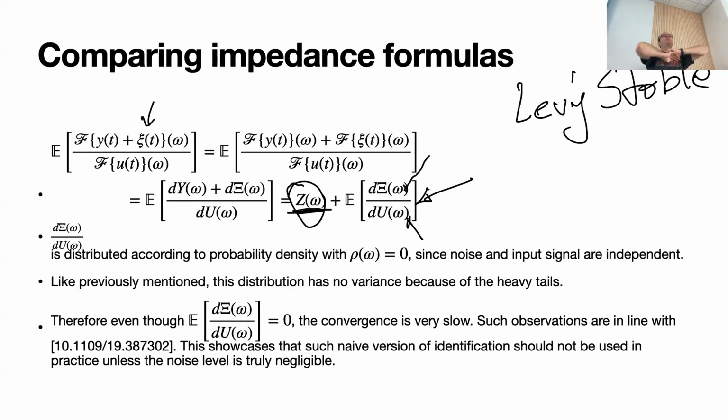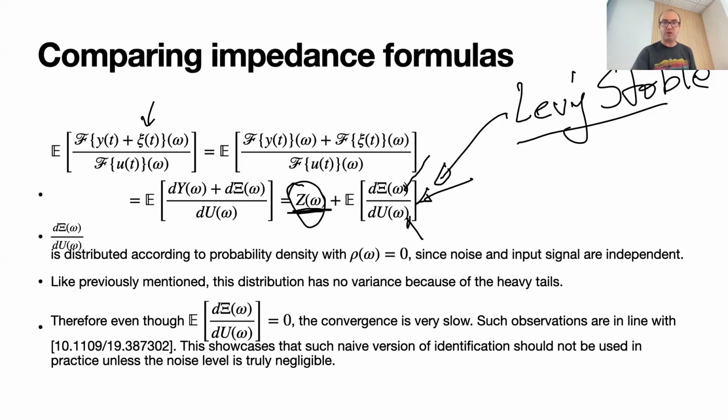So my impedance will be just a fuzzy mess. And it's not because you had the measurement issues, it's because of this effect here. That is why nobody is dividing. Nobody is dividing, although it looks nice.